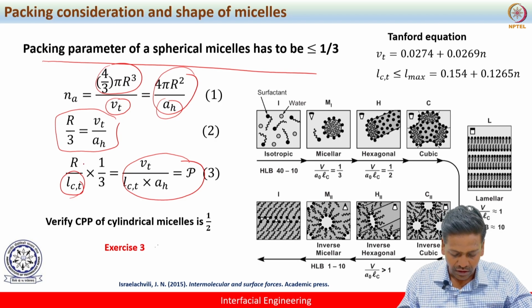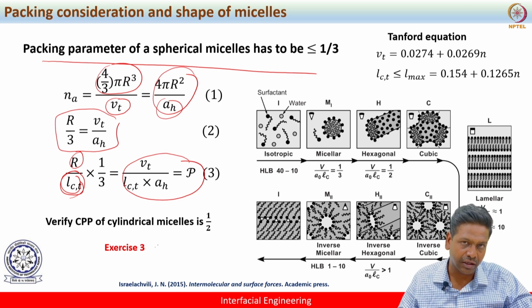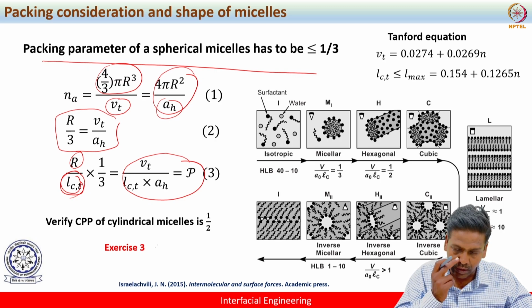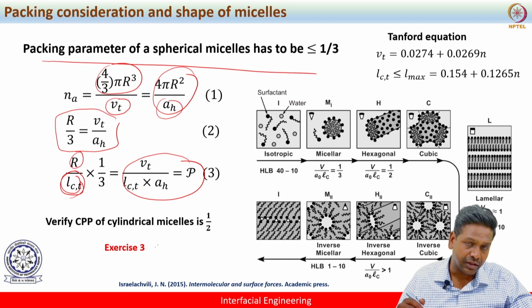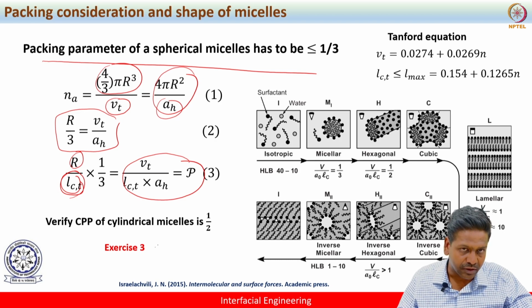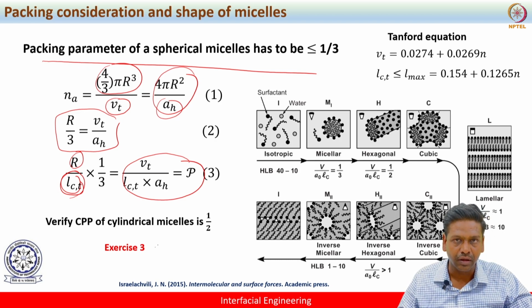Because here the radius is measured from the tip of the cone till the apex of the cone, whereas the critical chain length, since they assume a zigzag path and at the liquid core they will assume an extended conformation, this critical chain length, lc, will always be greater than or equal to the radius of the micelles, depending on the configuration of the surfactant.